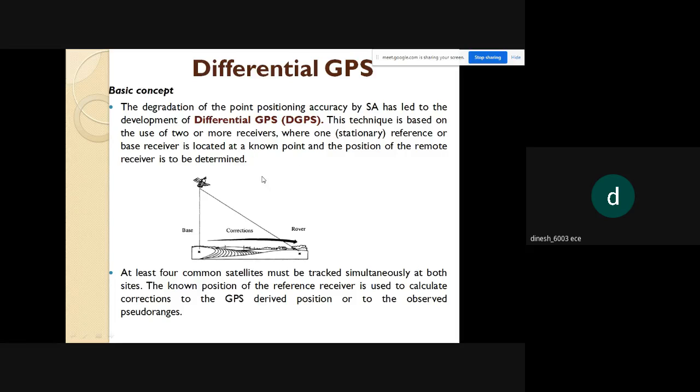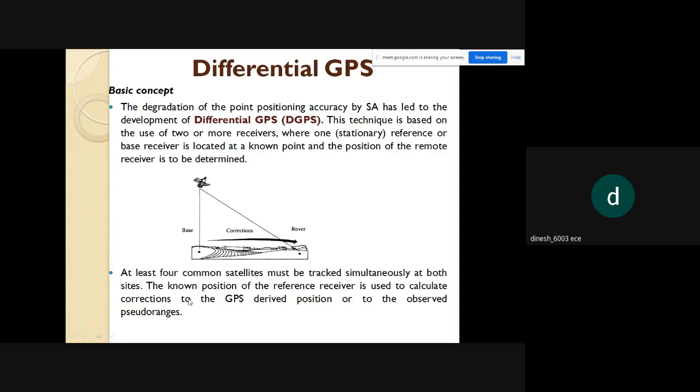For achieving this differential GPS, we require at least 4 common satellites tracked simultaneously at both sides.